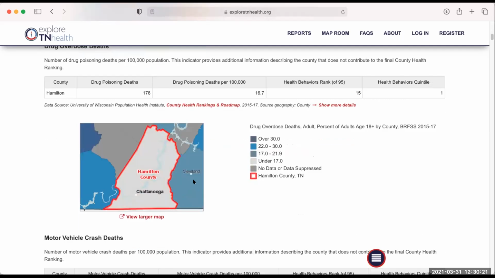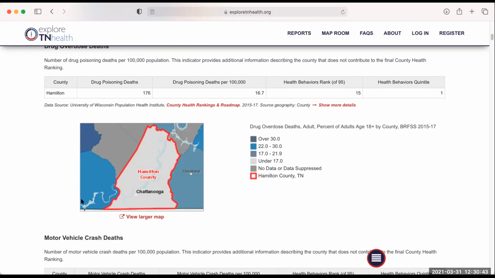If we go down here to drug overdose, I am happy to say that Hamilton County has a lower percentage than normal. It's a terrible thing to have and a countrywide problem, but on that one, at least, we're coming out ahead. So let's look back at the assignment for a moment.